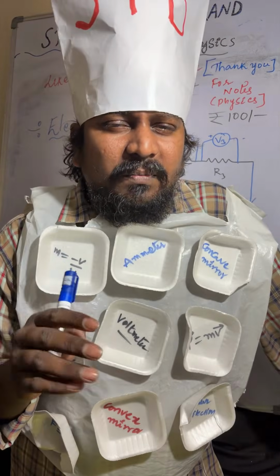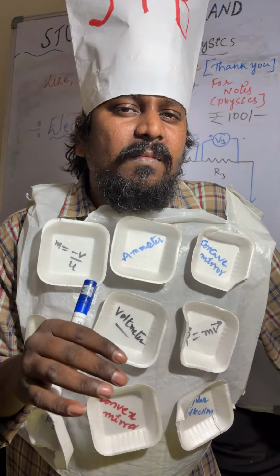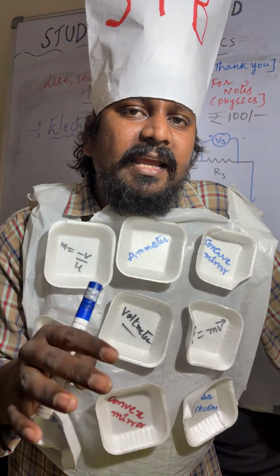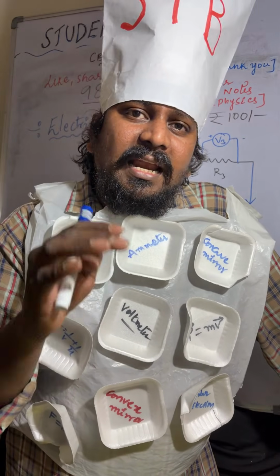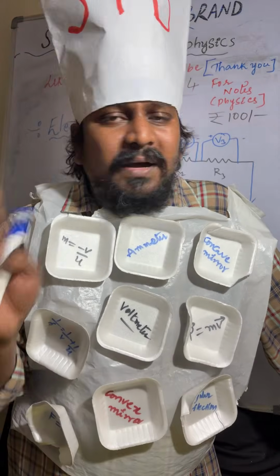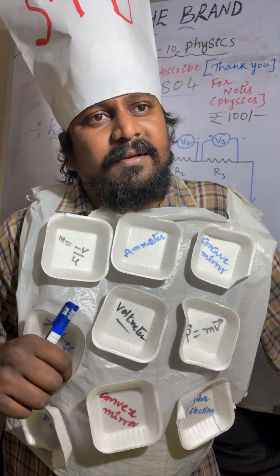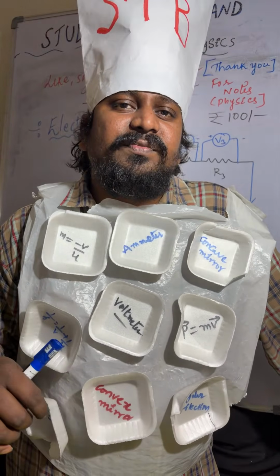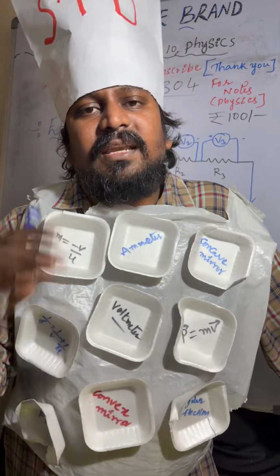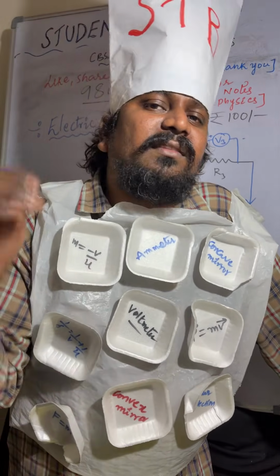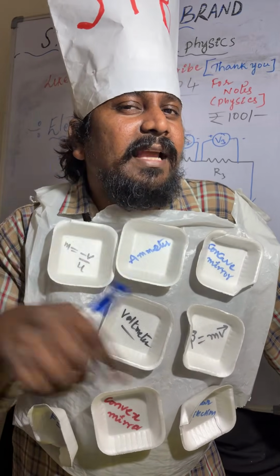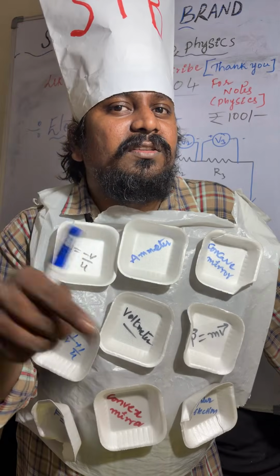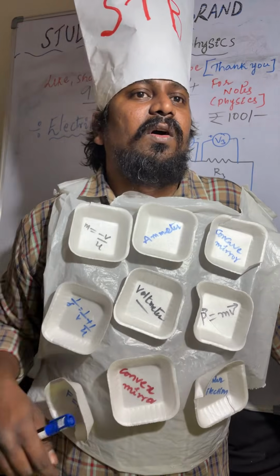In series combination, current is the same throughout the circuit, but the potential difference is different. Across R1 V1, across R2 V2, across R3 V3 we connected, right? But current is the same in the series combination.